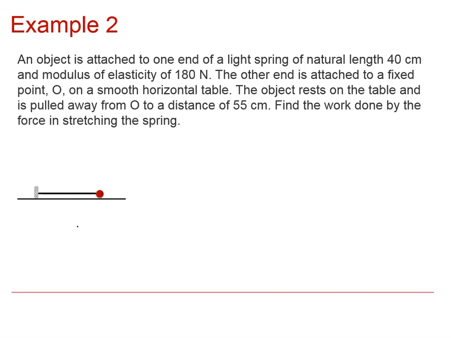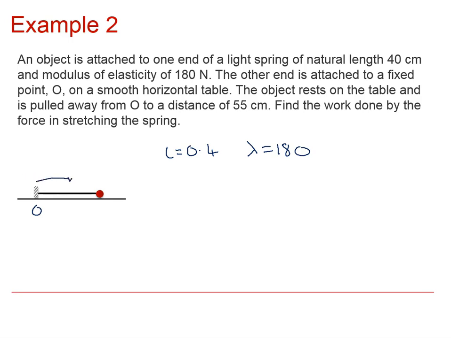Okay, so here now we have an object attached to one end of a light spring, natural length 40 centimeters, and modulus of elasticity 180 newtons. The other end is attached to this fixed point O, and it's pulled away to a distance of 55 centimeters.